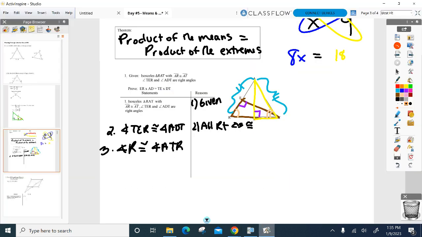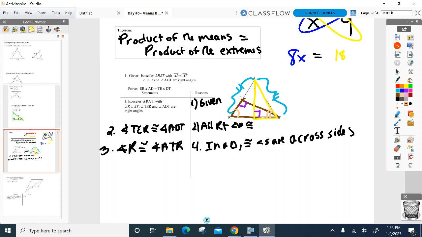Congruent sides are across from congruent angles. Only if I have a triangle. Just in a triangle's fine too. Yep. In a triangle, congruent angles are across from congruent sides. All right, nice job.